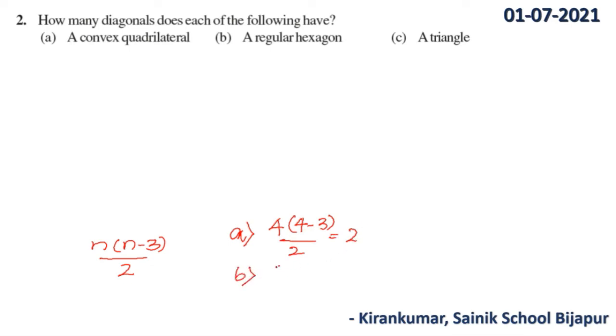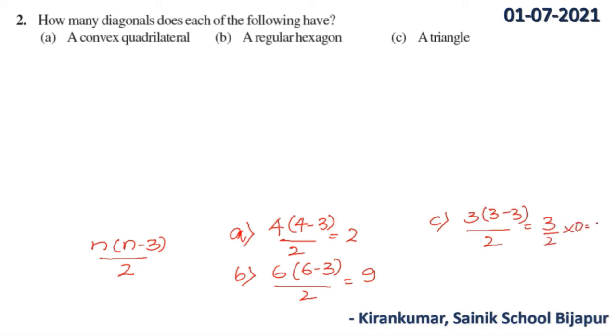For a regular hexagon, there will be 6 sides. 6 into 6 minus 3 by 2, which is 3 times 3, that is 9. A triangle, 3 into 3 minus 3 by 2, which is 3 by 2 times 0, which is 0, no diagonal.